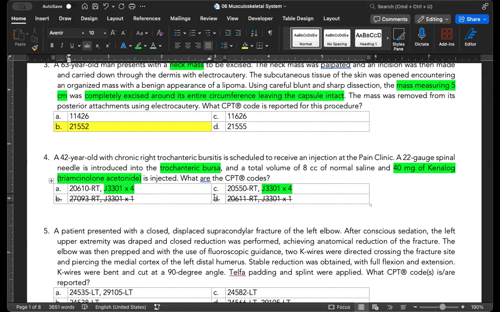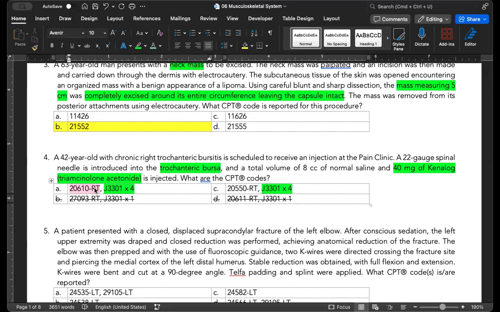So even though it's for an injection, right, you don't want to stop at that word. You want to make sure that you're actually matching the rest of the code description. So they did not inject into a single tendon sheath or a ligament aponeurosis, right? We injected straight into that joint, that major joint for that trochanteric bursa.